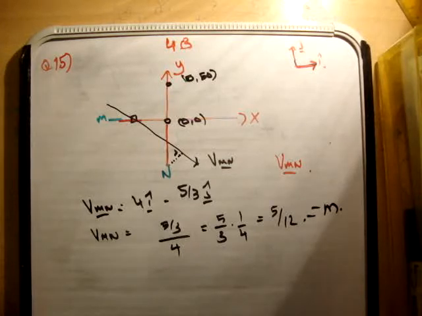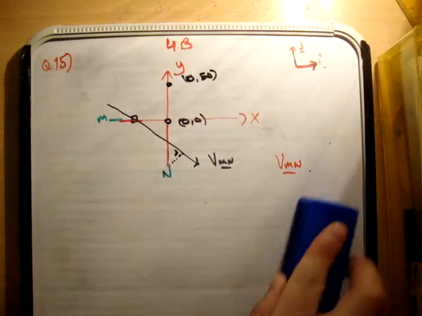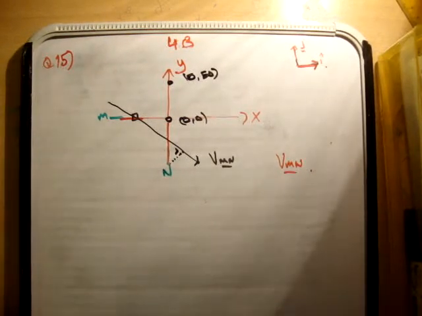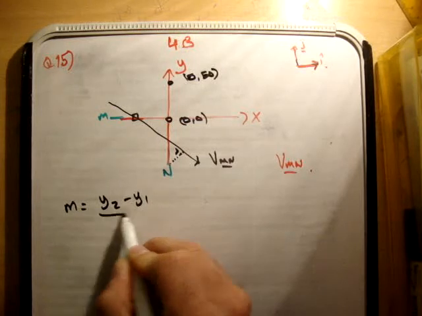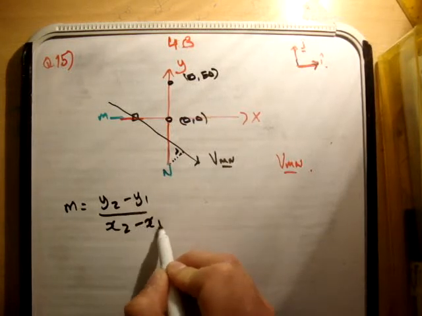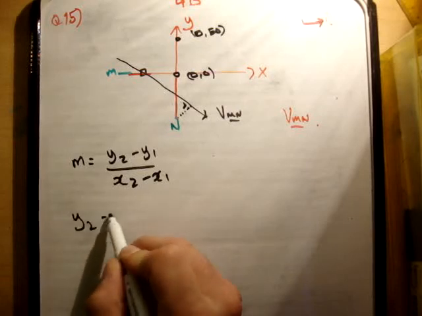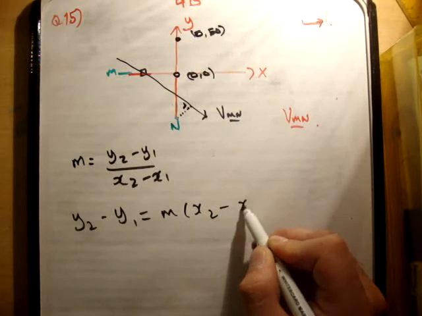Now, we also know another way of getting the slope, and that is by using the following formula. We know that m is equal to y2 minus y1 over x2 minus x1. If we rearrange that formula, we get y2 minus y1 is equal to m times x2 minus x1.